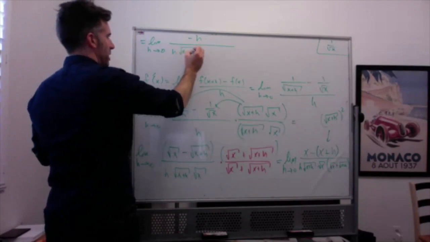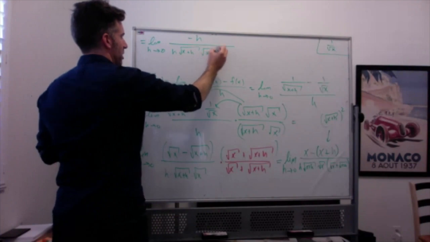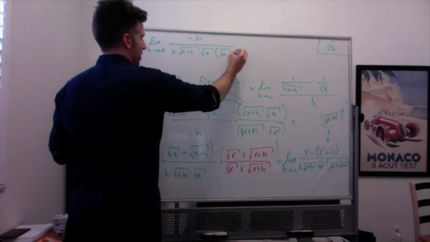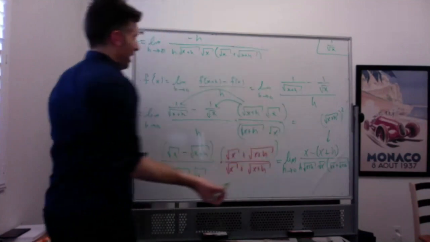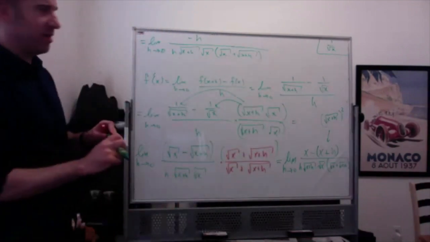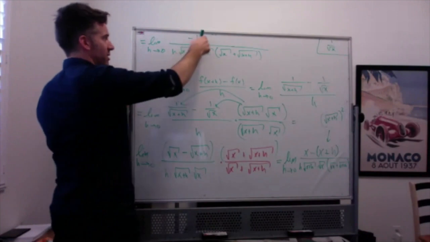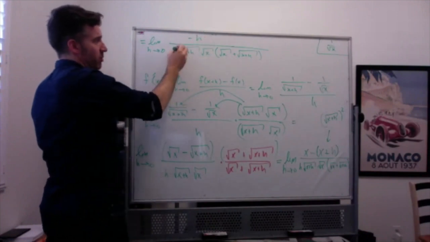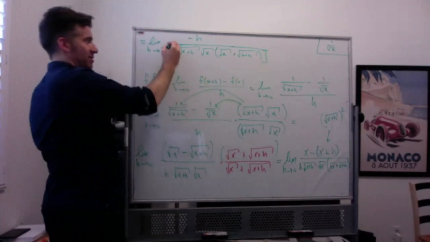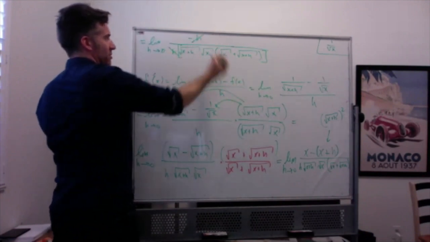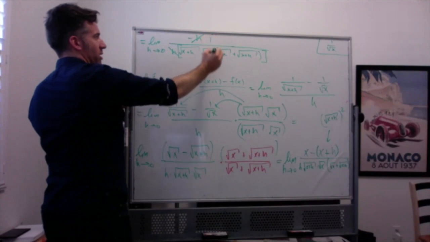Square root of x plus h times square root of x times square root of x plus the square root of x plus h. Okay, normally I might show a couple steps here, but I think I'm going to try and do it quick. So I would cancel out this h with this h, right? This h is multiplied by all of that, so I can cancel it out. You have to be able to factor it out to cancel it. Left with a 1 on top.